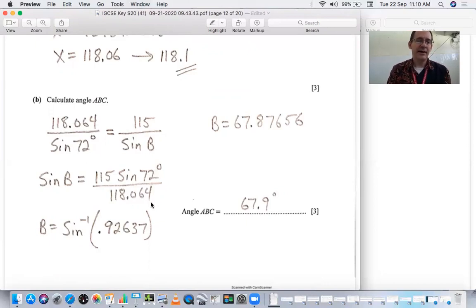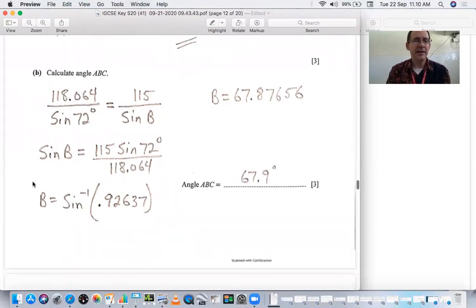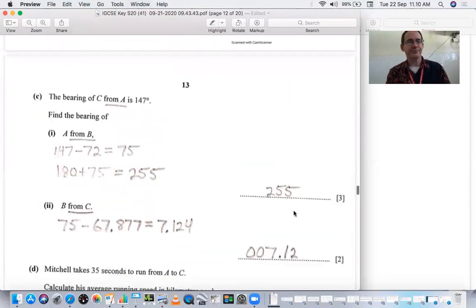Divide the 118 to the bottom so that sine B is by itself, and then do the inverse sine of that value, and your B ends up being 67.9 degrees to 1 decimal point.